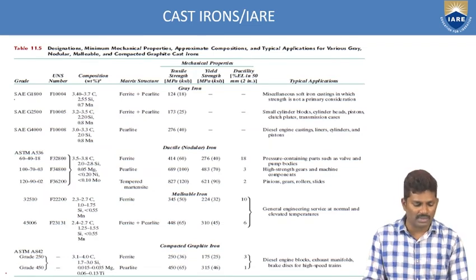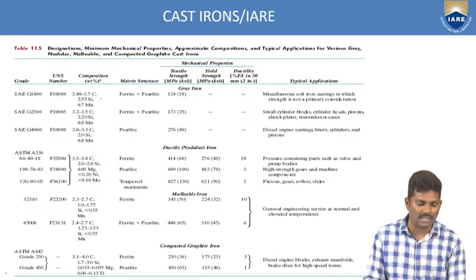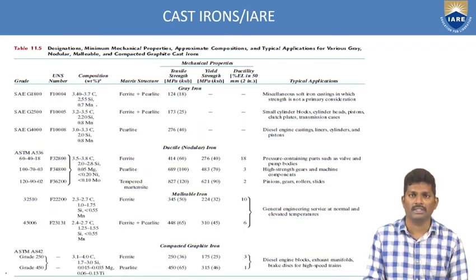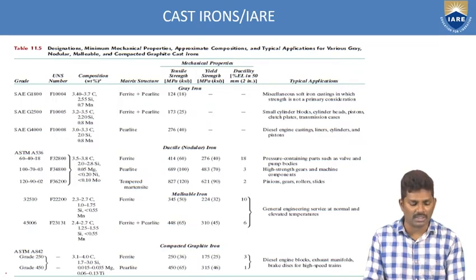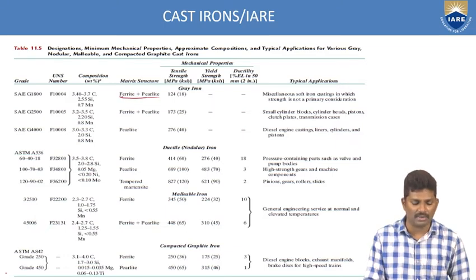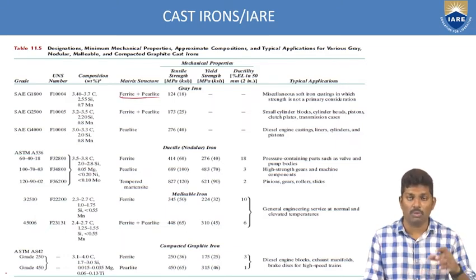So here if you see SAE G1800, you have a unique number F10004. Now if you see the composition, you have 3.40 to 3.7 percent of carbon, 2.55 of silica and 0.2 of magnesium. So like that you have different compositions. Depending upon the composition, the structure you can see in this SAE G1800 is ferrite and perlite, both combinations.